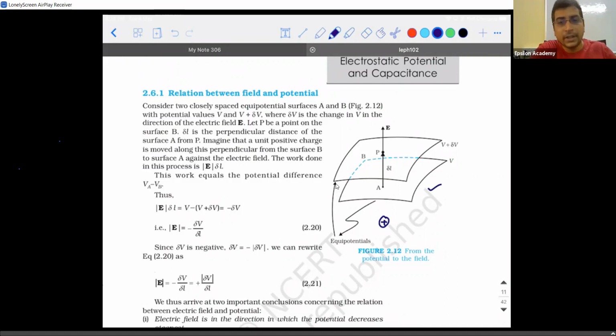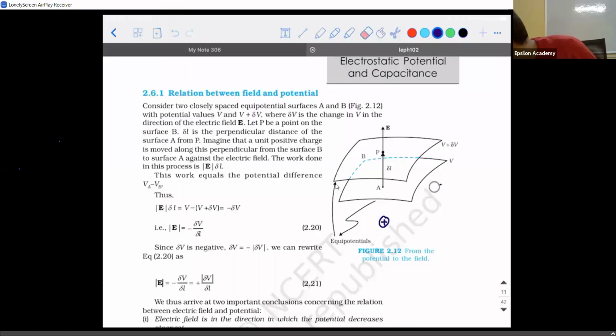Right? Similarly, if I have another surface exactly parallel to this, this is one of the concentric spheres. I have another concentric sphere. On this concentric sphere, I will be taking a small sheet. Okay, that is another equipotential surface. Guys, are you able to understand?